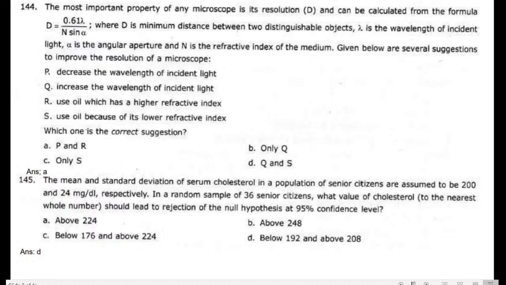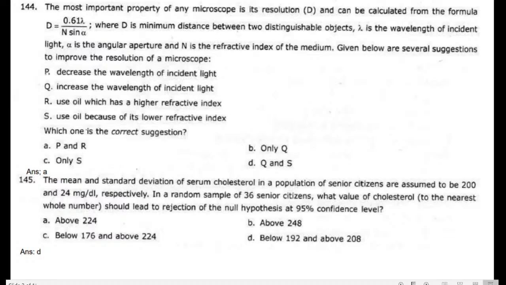They provided 36 senior citizens, so in that population there is no difference in the particular term, that is the cholesterol variation; all of them have the same value.